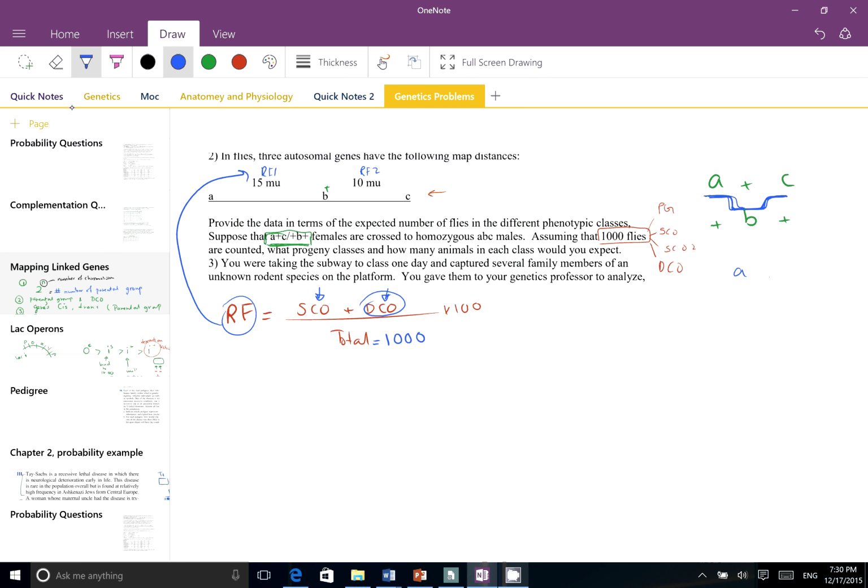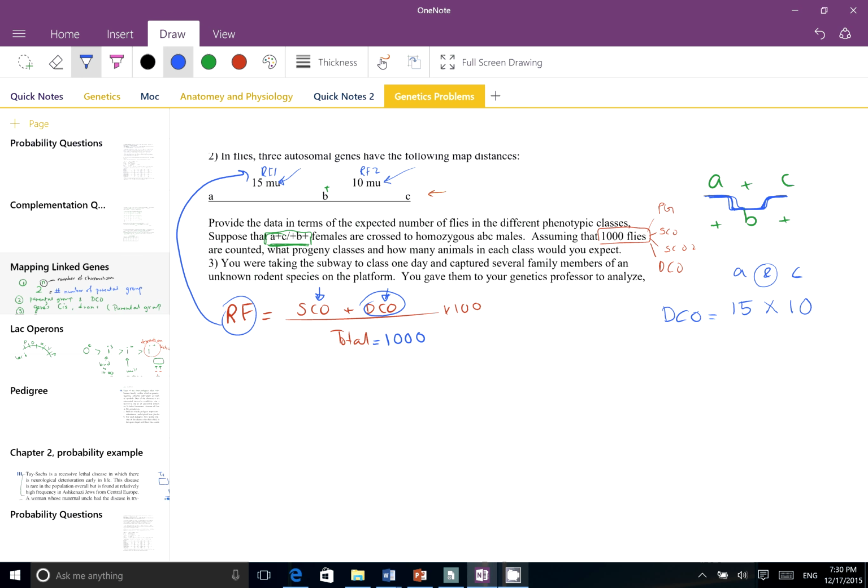When we work with probabilities, the word and means we multiply. What's the probability for a single crossover in A? It's 15. What's the probability for a single crossover for C? It's 10. So your double crossover is equal to 15 times 10.